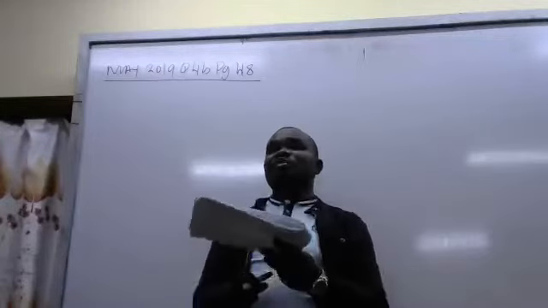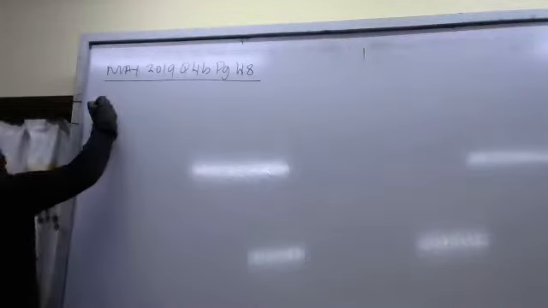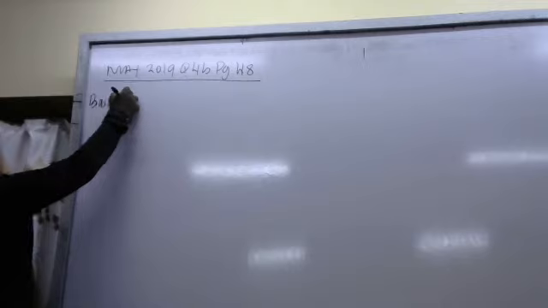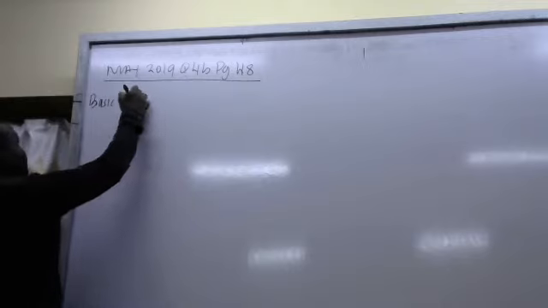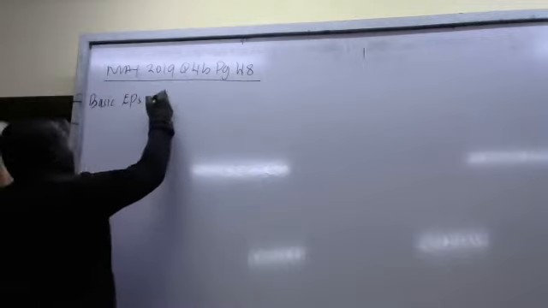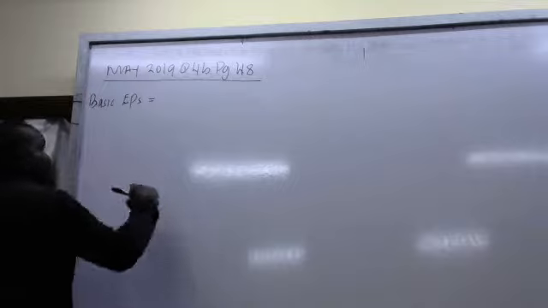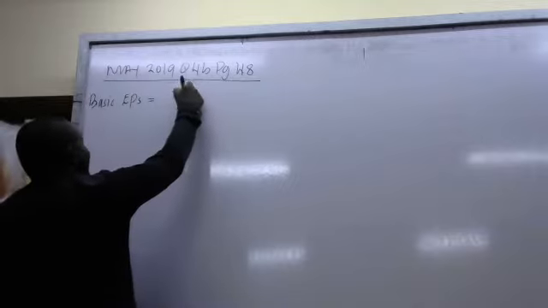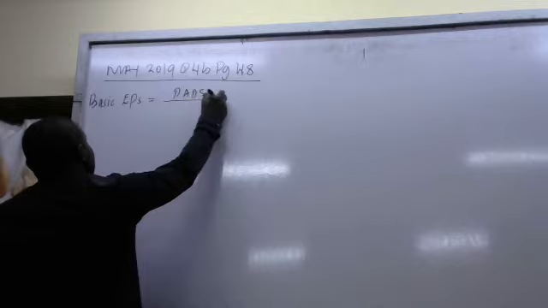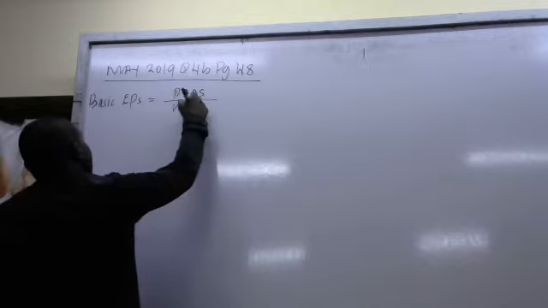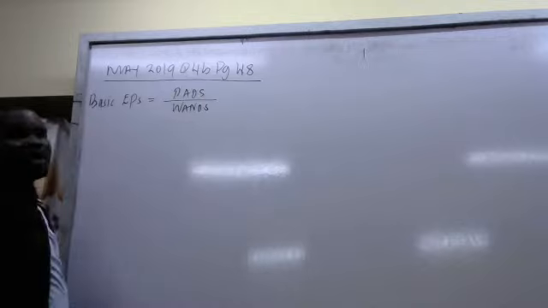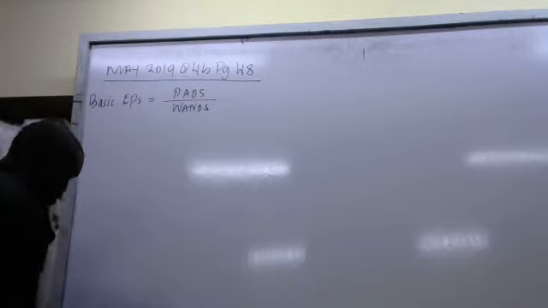So let's start with the basic. Basic EPS is equal to profit attributable to ordinary shareholders divided by the weighted average number of ordinary shares.